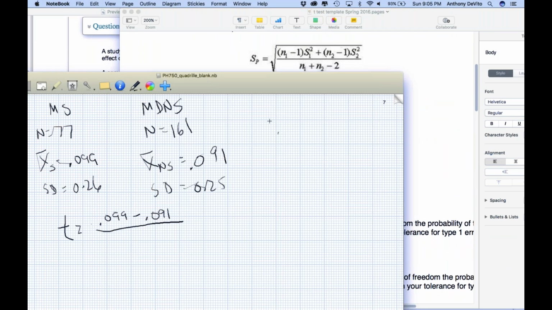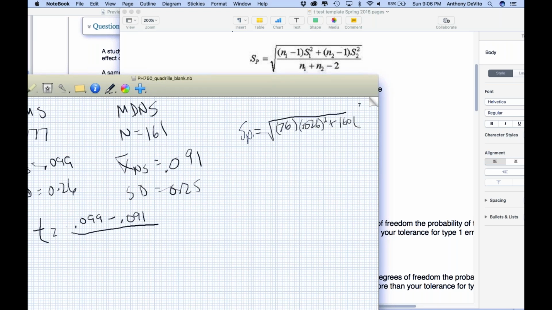So my pooled standard deviation is equal to the square root of, is that 177 or 77? That's 76, am I right about that? 76 times 0.026 squared, plus 160 times 0.025 squared.